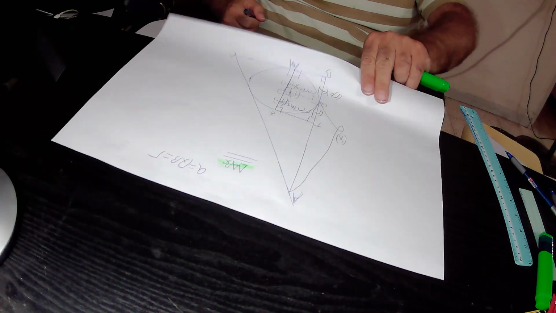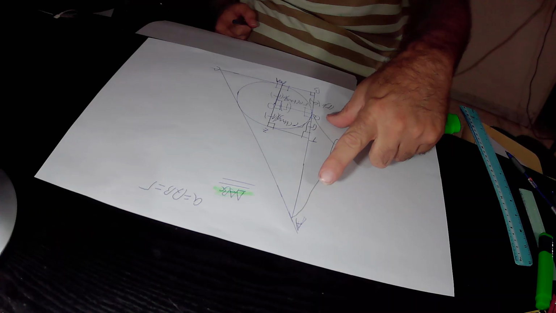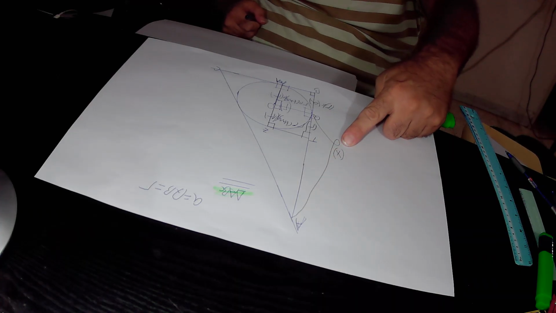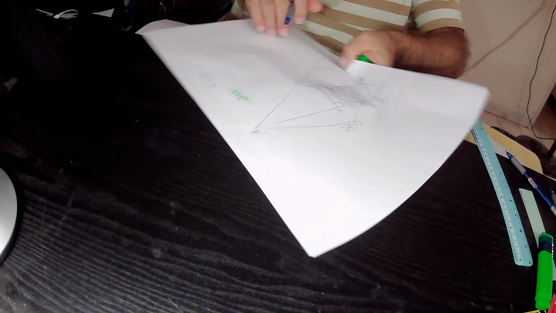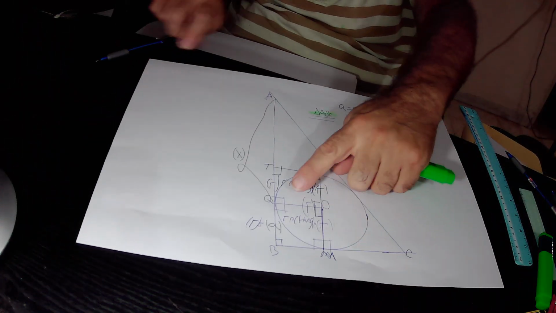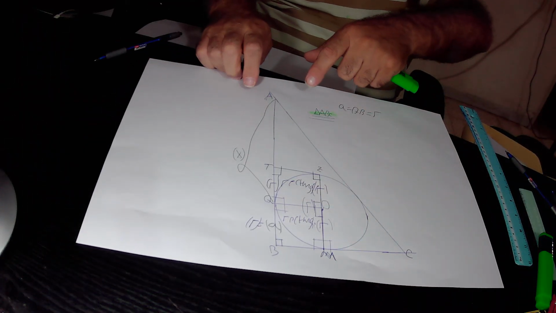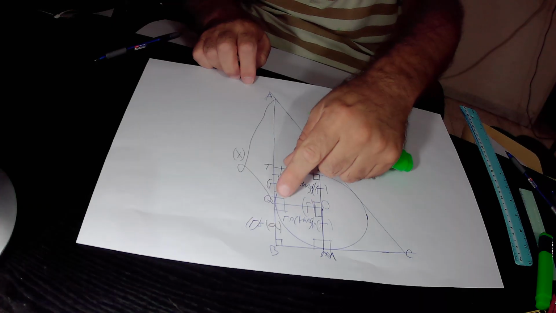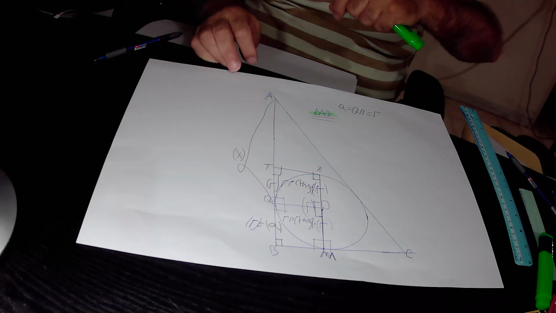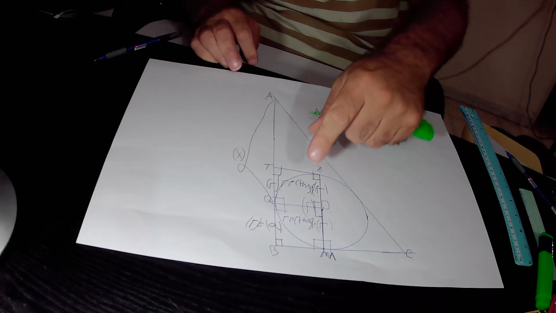What is line segment AQ? Line segment AQ equals X. Line segment AQ also equals AT plus TQ.